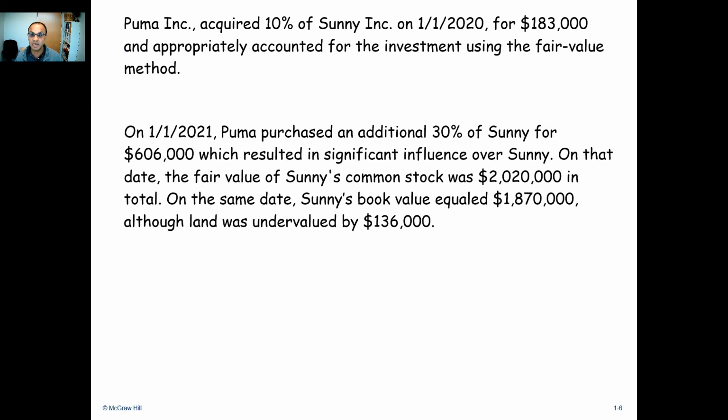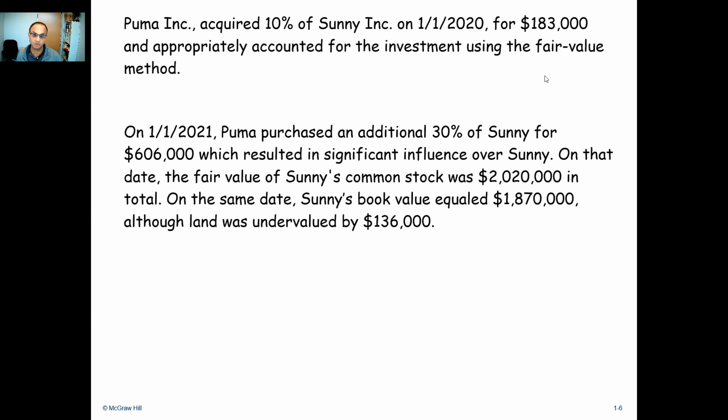Then on the next year, on January 1st, 2021, Puma purchased an additional 30% of Sunny. So now Puma increased the ownership from 10 to 40.